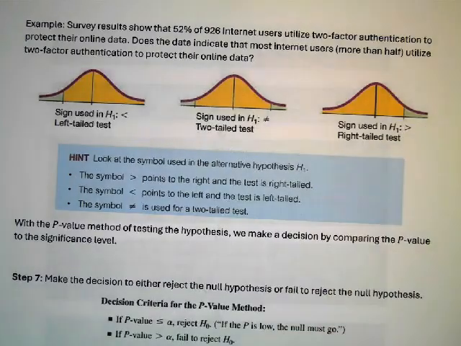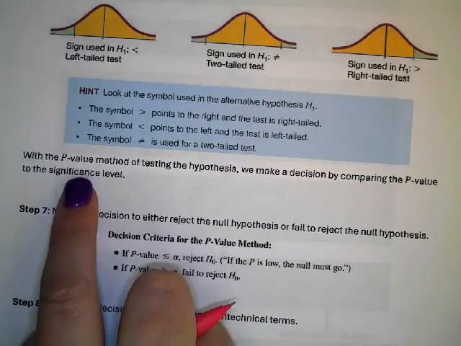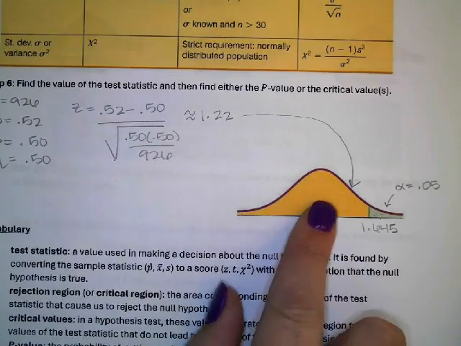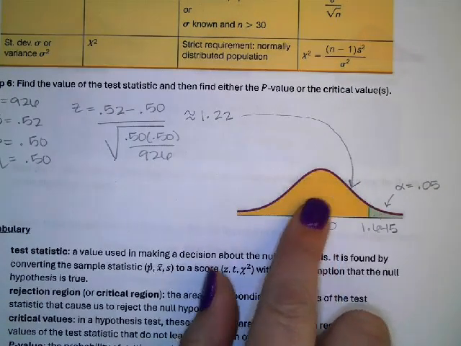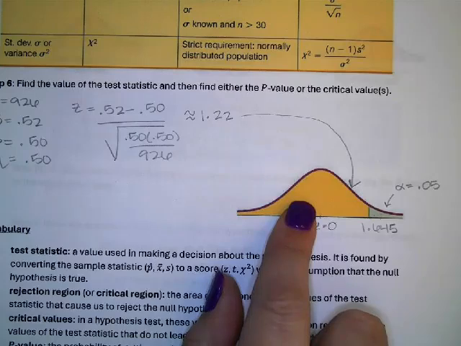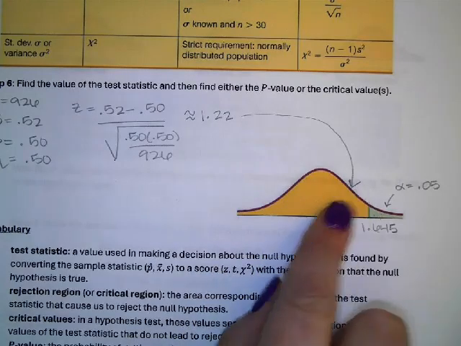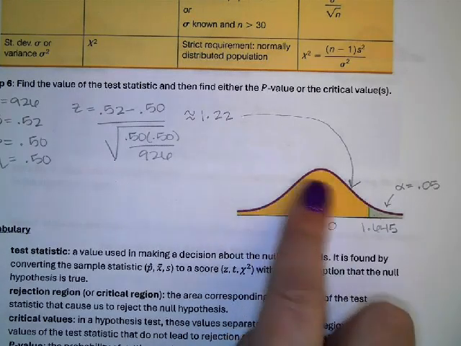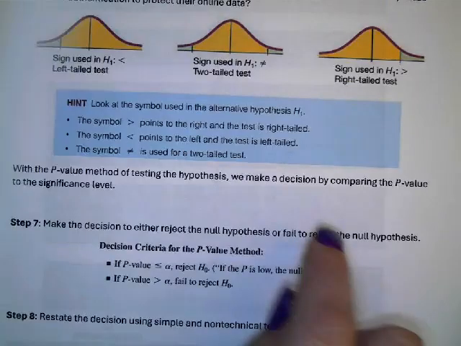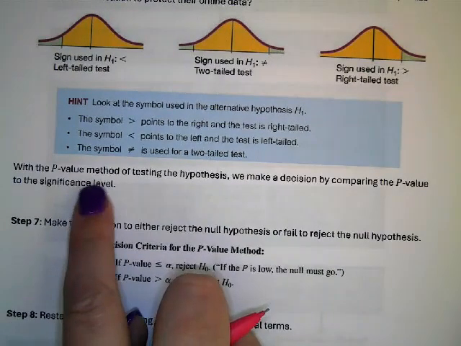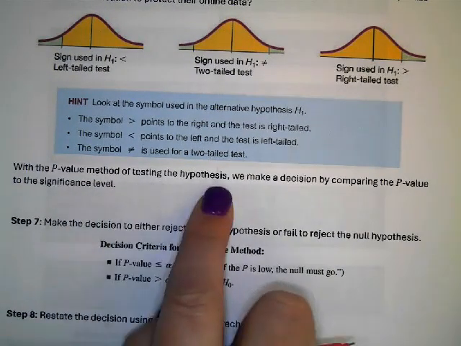All right. So we had our test statistic. Our test statistic at this point is telling us that we're not going to be able to reject the null hypothesis because our test statistic was in the okay range. Next, with the p-value method of testing the hypothesis, we make a decision by comparing the p-value to the significance level.